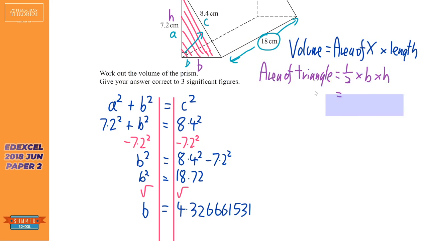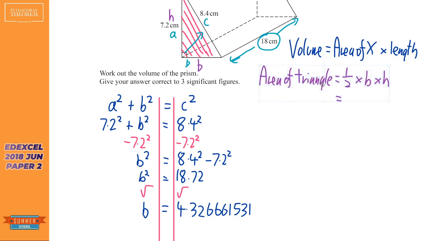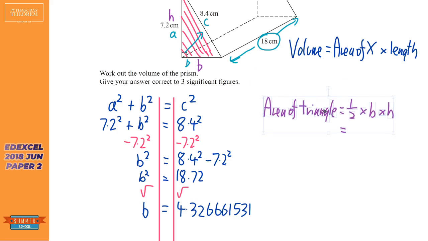Right, so next we want to use this formula here for the area of the triangle. I'm just going to move it down slightly just so I've got a bit more room for it. So we're going to do half times the base, which is that 4.32 blah blah, times the height, which is 7.2. So I've still got the 4.32 blah blah blah in my calculator.